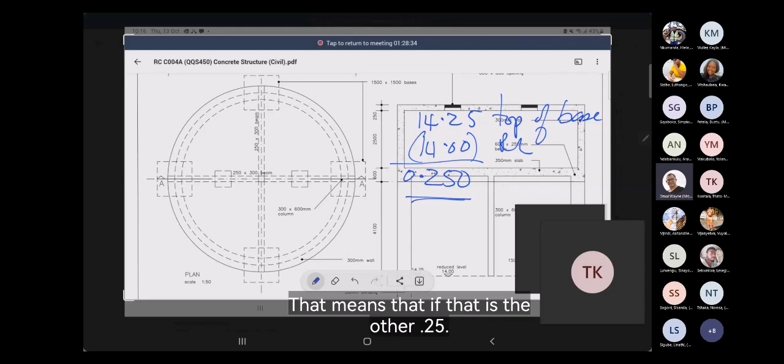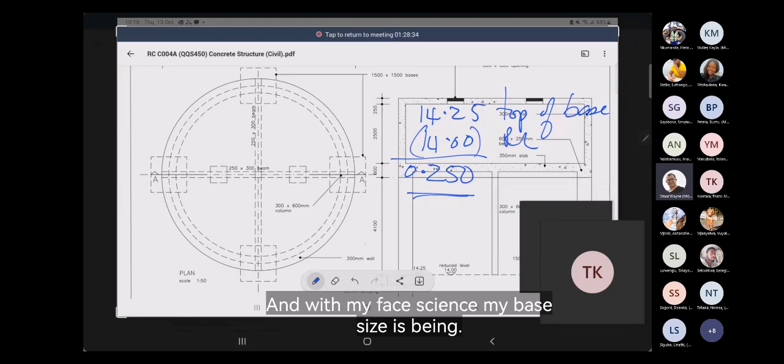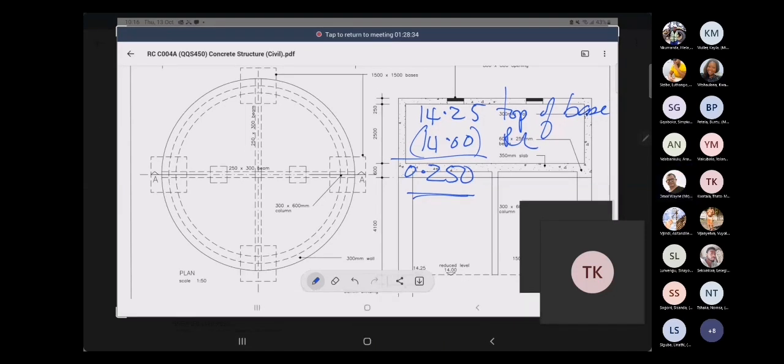It means that if that is 0.25, and with my base size being, where has my base size?